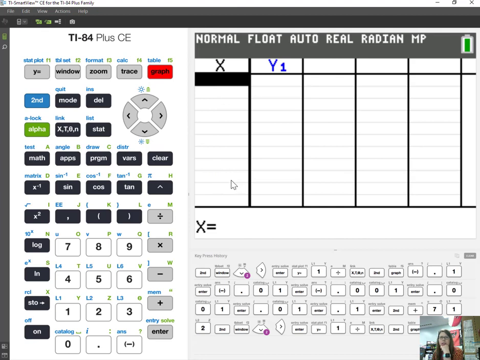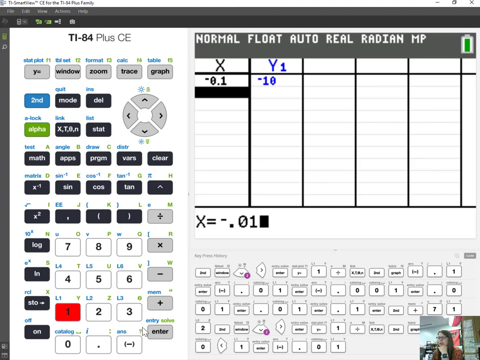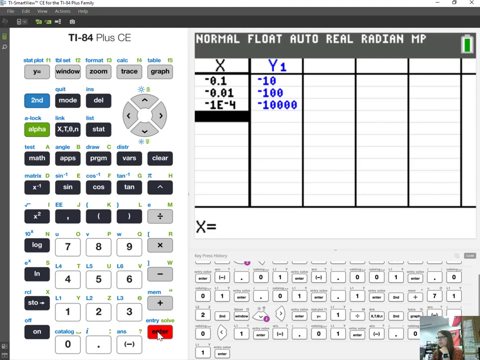and nothing appears because what you changed was you wanted the independent variable to ask you what you wanted to find. And so what we wanted to find are negative 0.1, enter, negative 0.01, enter, negative 0.001, enter.